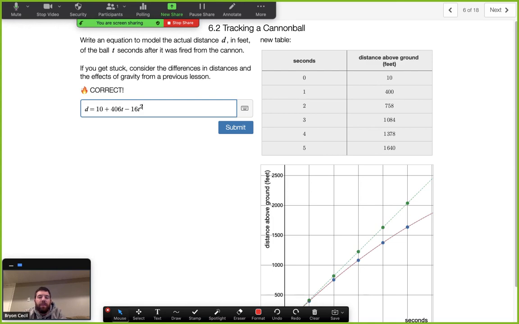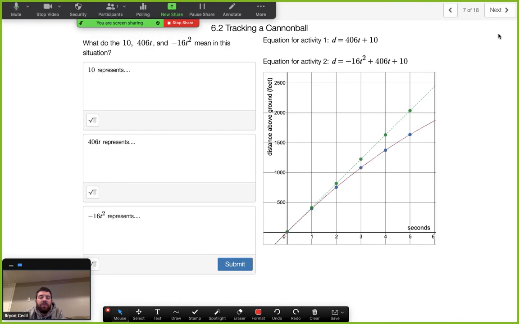We'll dissect this a little longer, but again, my launch height, velocity, and pull of gravity are the three components to a quadratic function when it refers to projectiles. Here we have the 10. What's that represent? The height before it was launched, 10 feet.